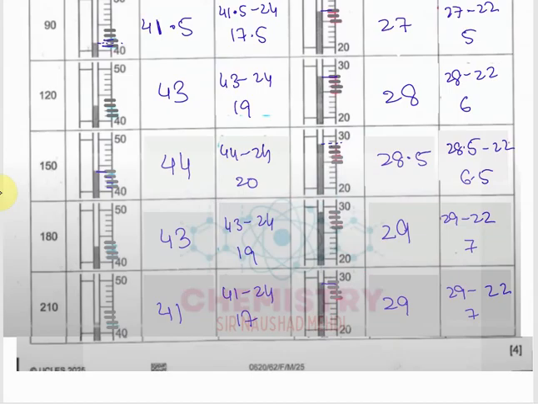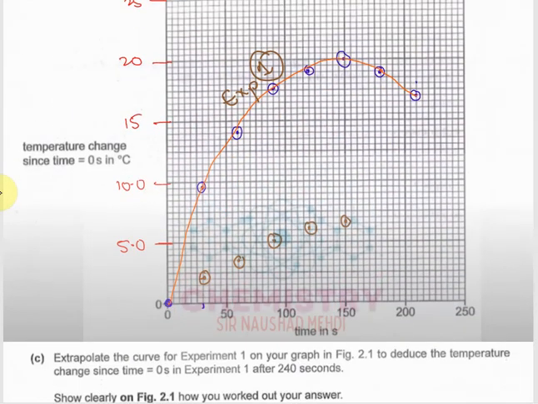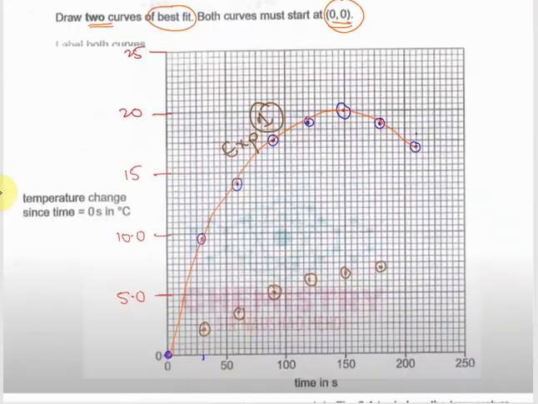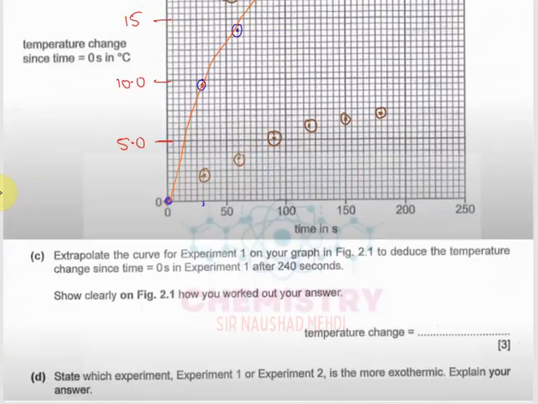Then at 180, and then we have 7 again at 210.